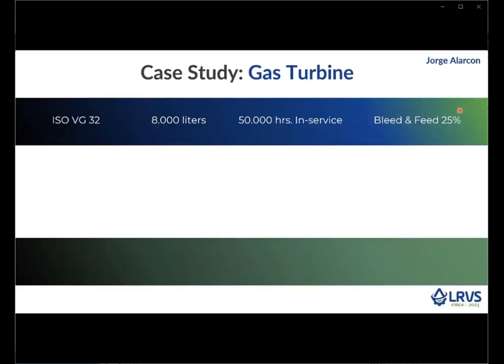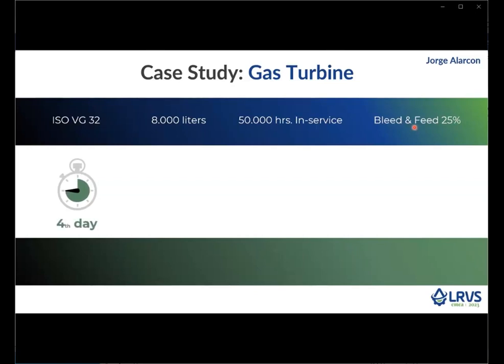It's a gas turbine with an ISO VG32, 8,000 liters, 50,000 hours in service, and the customer decided to do a bleed and feed on about 25% of the oil for no reason, just because they have the oil in the storage room and new oil would come. They decided to do the bleed and feed process.